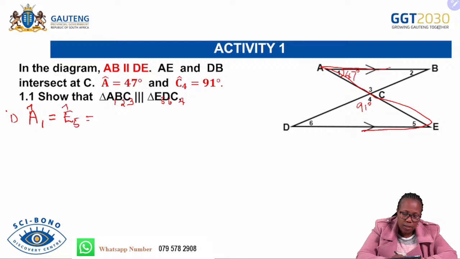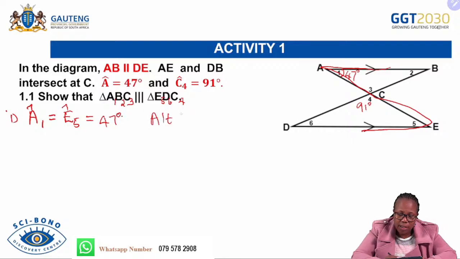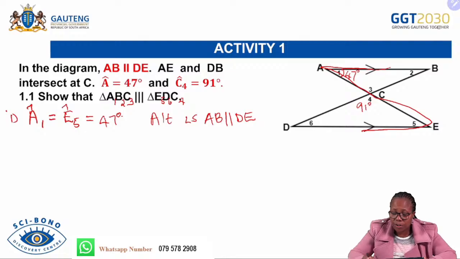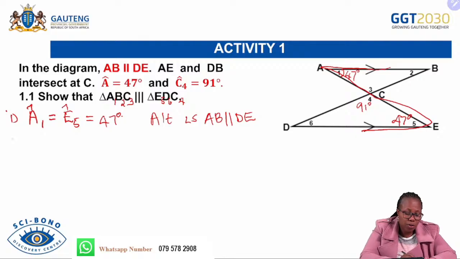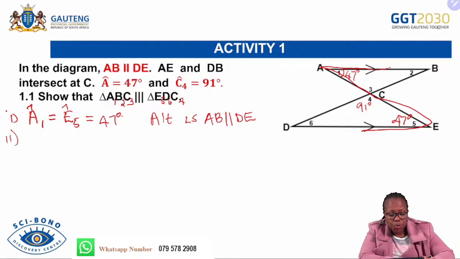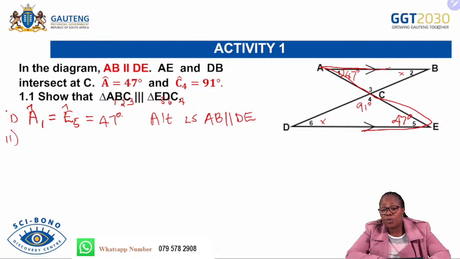Yes, they are both equal to 47 degrees, the reason being alternating angles, where AB is parallel to DE. Already given to you, grade 12. Therefore, this angle will be 47 degrees. Now we test number 2. B2 and D6. Can you see this 2? We don't have values there, therefore we cannot go straight there because we will have 2 unknowns. Let's check, can we do something to find the value of one of the 2 angles?